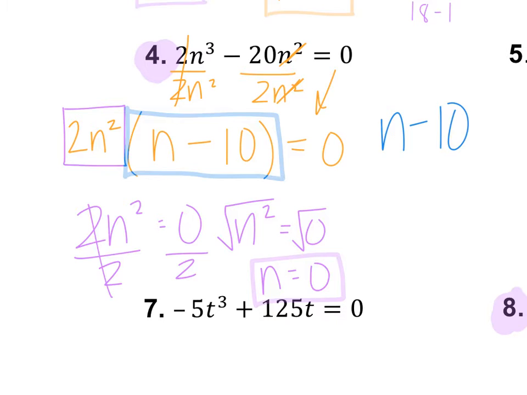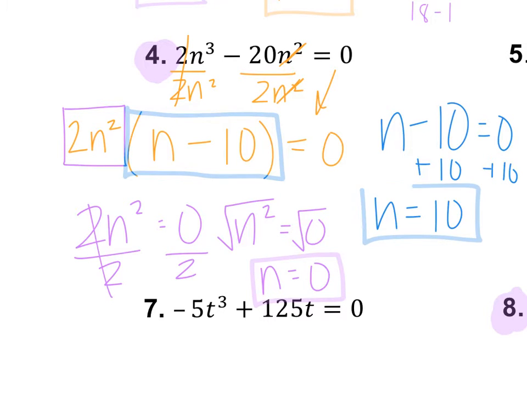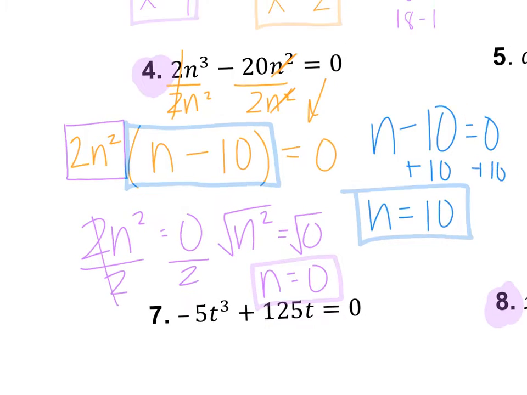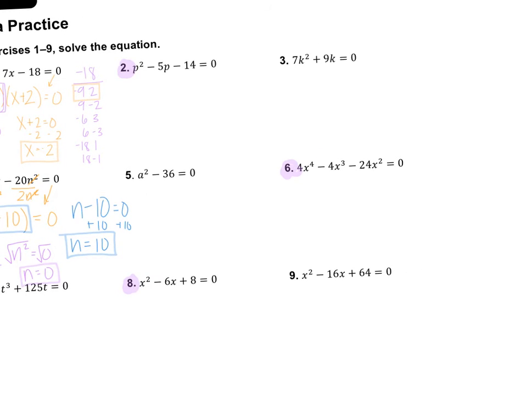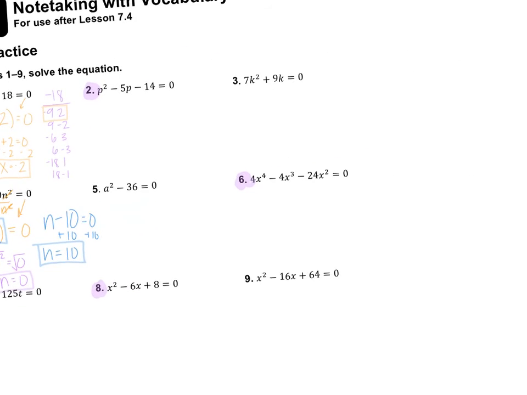So I have n minus 10 equals 0. Add 10 to both sides, and n equals what? Good, n equals 10. Okay, how are we feeling on that one? Good? All right, let's try 6. 2 and 6, or 4 and 6 were the hardest, I think.